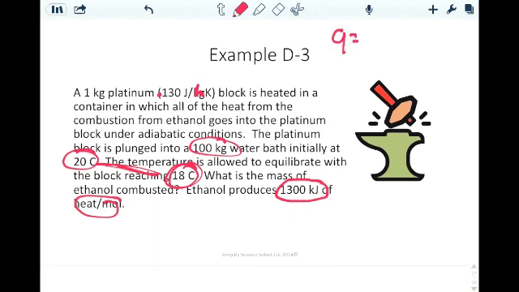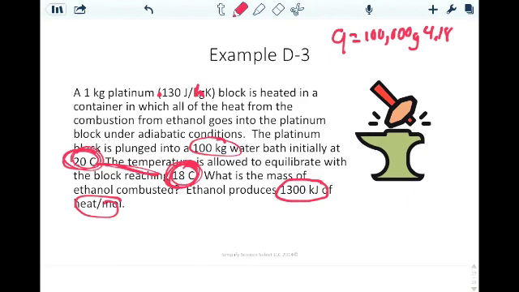So Q equals our mass, which here we're going to say is 100,000 grams, times our specific heat of 4.18, and our change in temperature from 20 degrees to 18 degrees. It says at 20 degrees the temperature is allowed to equilibrate with the block at 18 degrees.